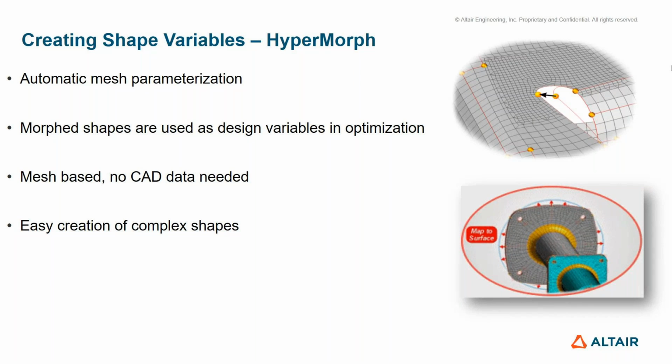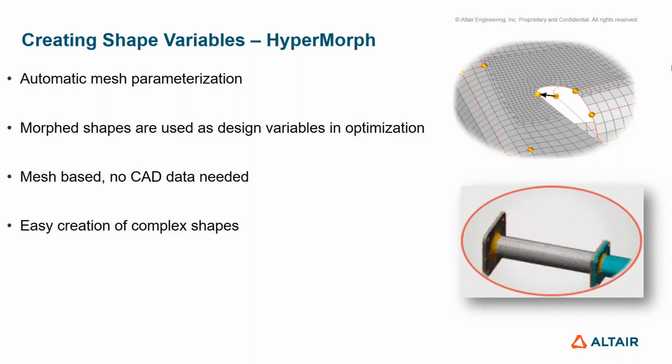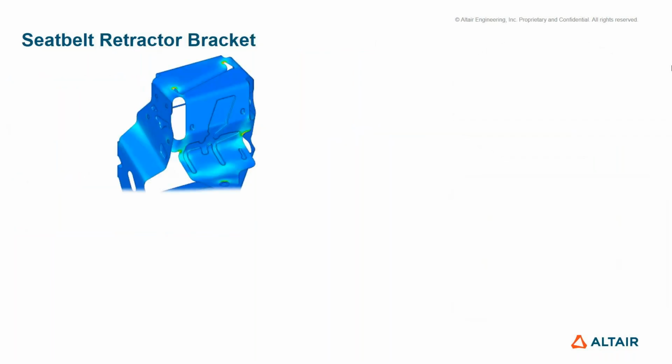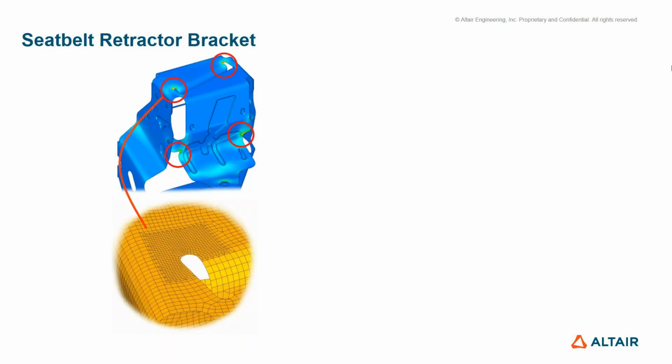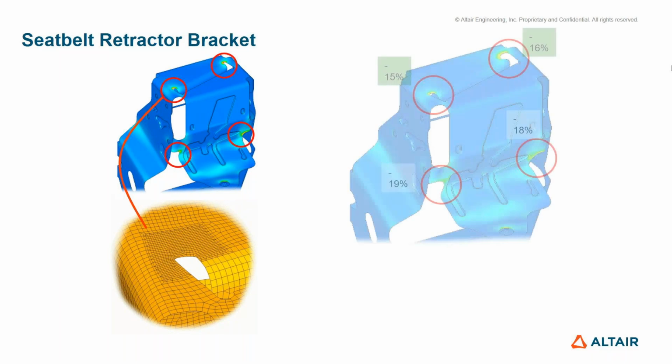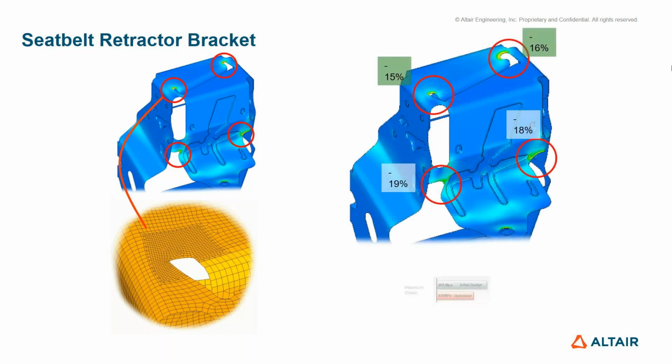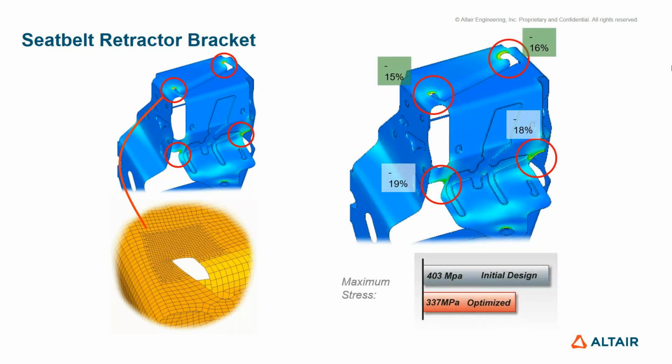Based on that, you will get the optimized shape of the component. For example, this is the seat belt retractor bracket. Here we have defined the shape variables. Based on the shape optimization, we are able to reduce the stress from 400 MPa to 337 MPa through shape optimization.